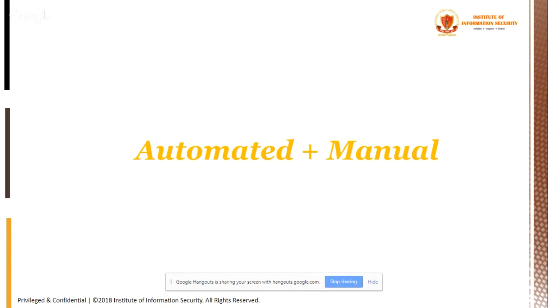For that, we need to know how the code is working, how it is running, and why it is weak for this vulnerability. So this activity comes with both automated and manual parts.